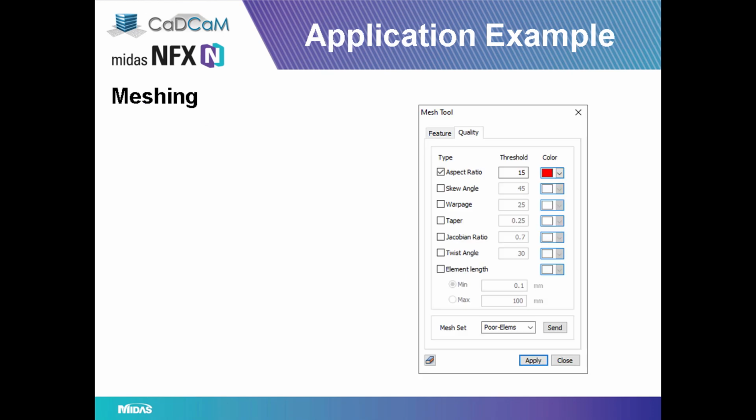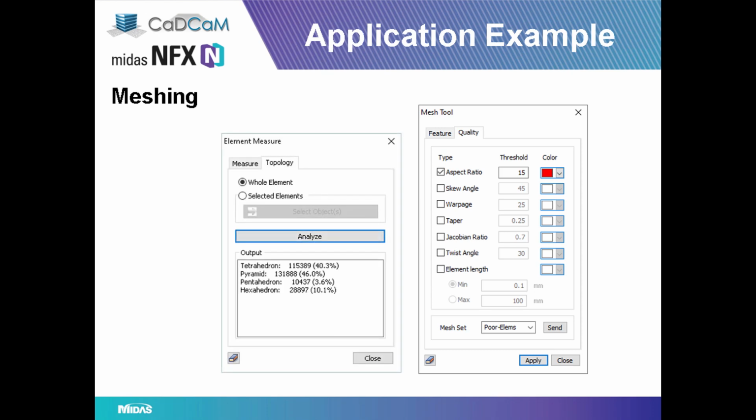And also we test the mesh by the following pass and fail criteria parameters like aspect ratio, skew angle, warp, taper, Jacobian ratio, twist angle, and element length, in order to be sure that all the pass criteria are valid and give us a very high quality mesh.